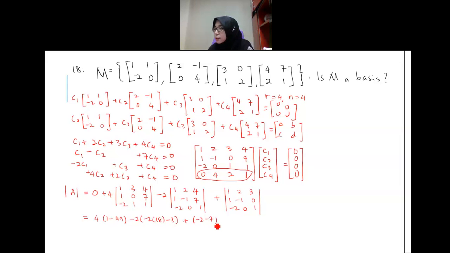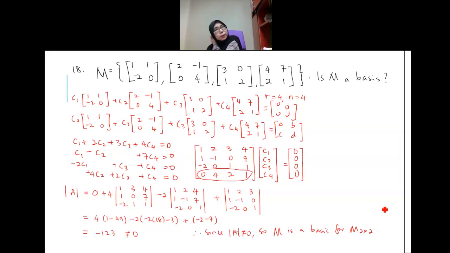So the answer is negative 123. So negative 123 is not equal to 0, right? So therefore, since the determinant of A is not equal to 0, so M is a basis. M is a basis for M 2 by 2.